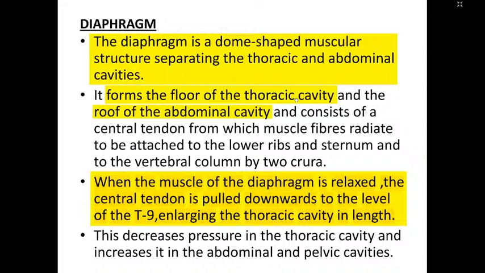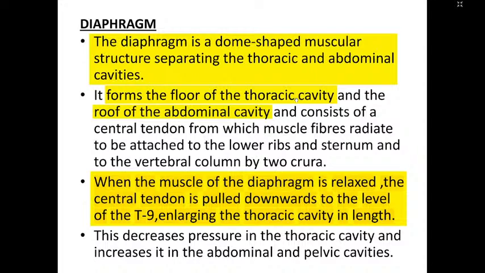Okay, now we come back to the diaphragm. So the diaphragm is a dome-shaped muscular structure separating the thoracic and the abdominal cavities, and it forms the floor of the thoracic cavity and the roof of the abdominal cavity. So it's very obvious there is a thoracic cavity superior to the abdominal cavity, and diaphragm is in the middle.